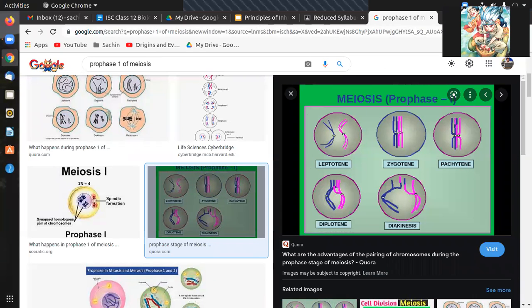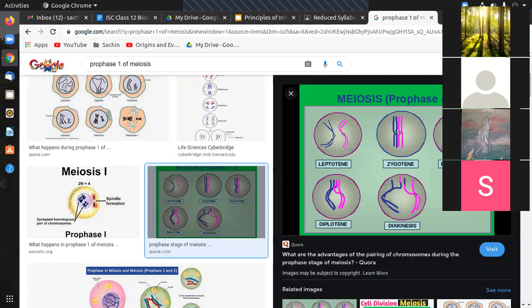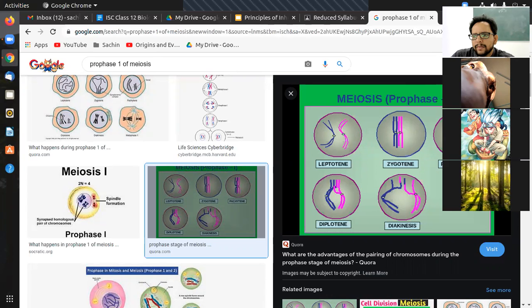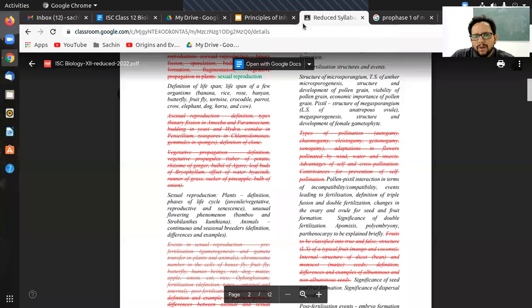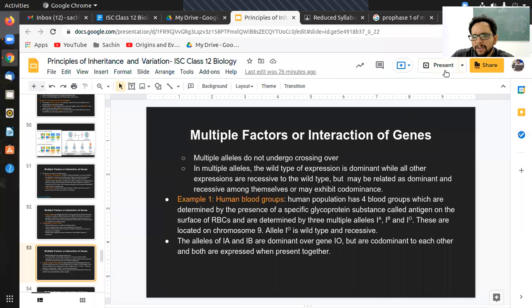Since the multiple alleles don't cross over, does that result in something? I'm not too sure. Like I said, I'm not much aware of what exactly could be the reason for them not crossing over with each other. But one of the assumptions, not assumption, I guess it should be very logical.